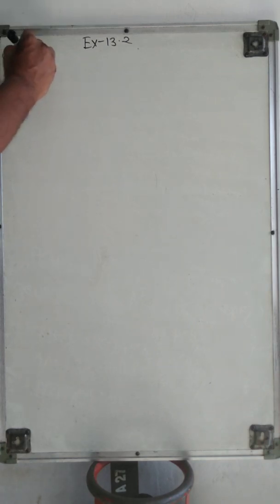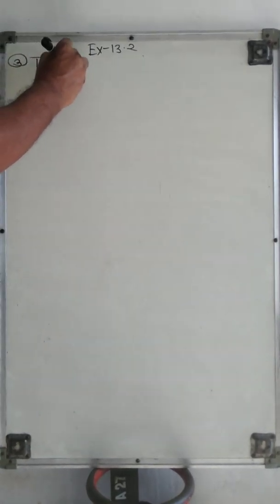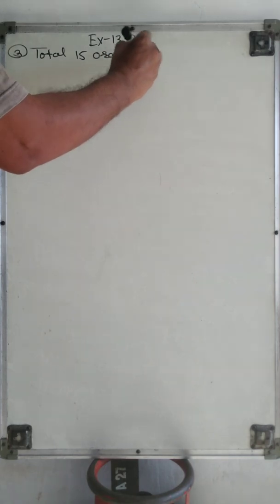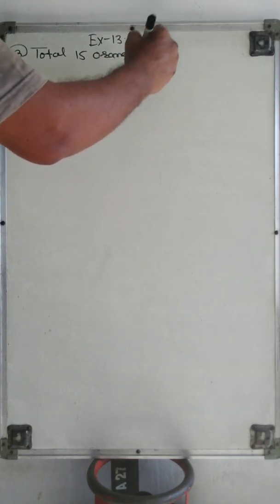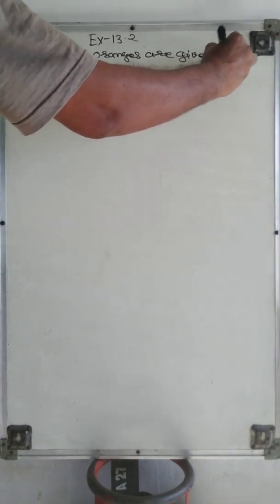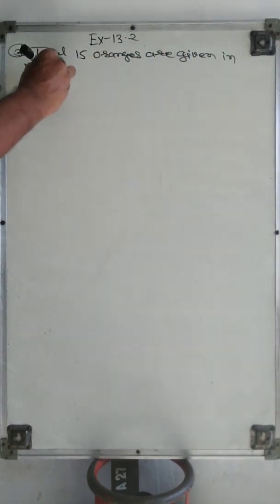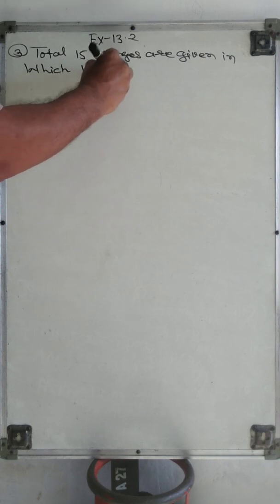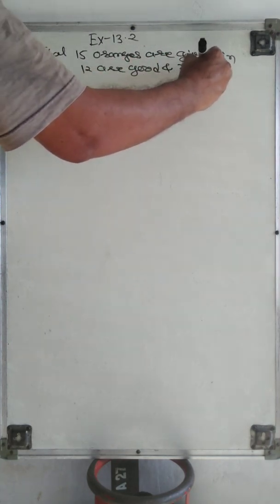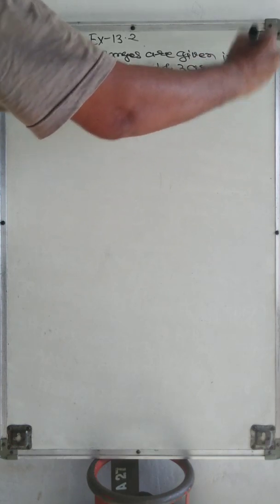Here total 15 oranges are given, in which 12 are good and 3 are bad. Right?